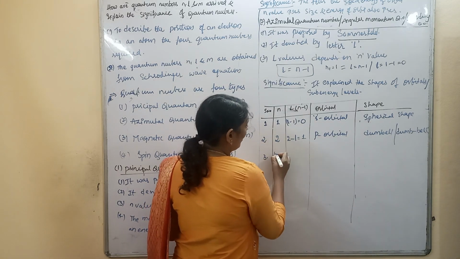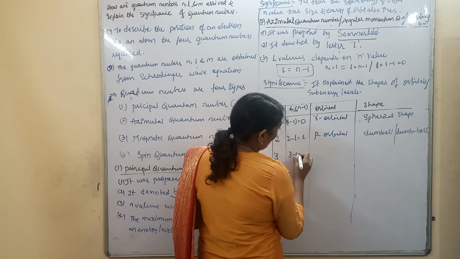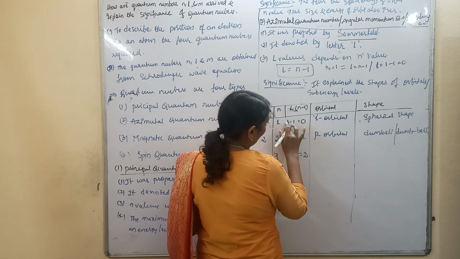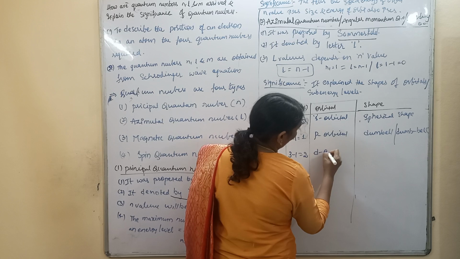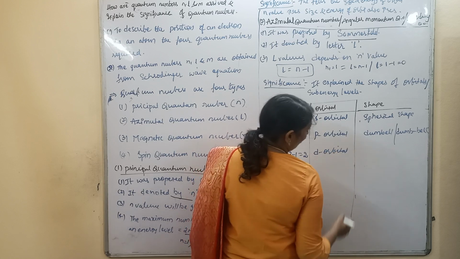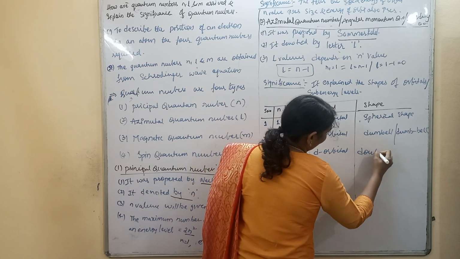So third one: if n value equals 3, 3 minus 1, how much? 2. Right? So you can take d orbital. What is the shape here? Double dumbbell.